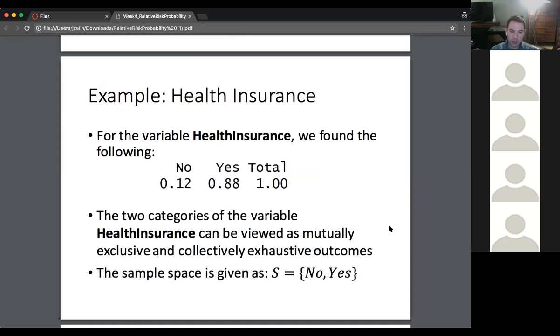We see here that they're both mutually exclusive and collectively exhaustive outcomes, because you can't both have health insurance and not have health insurance at the same time. You fall into one of those 2 camps, and those are the only 2 options in this category. We don't consider other options besides having health insurance and not having health insurance. Thus, we can represent the sample space with this notation: S is equal to no, not having health insurance, or yes, having health insurance.